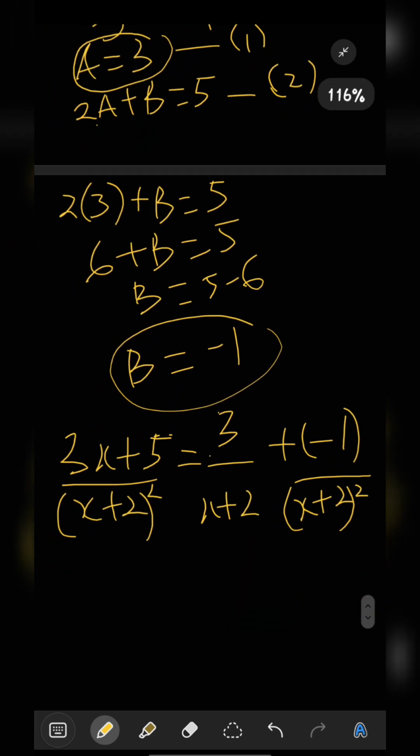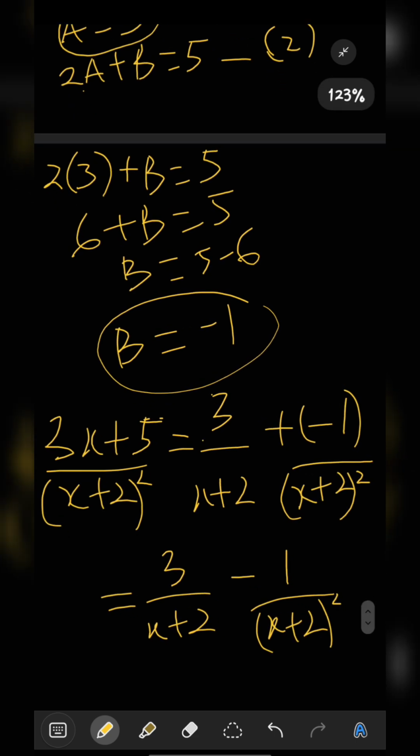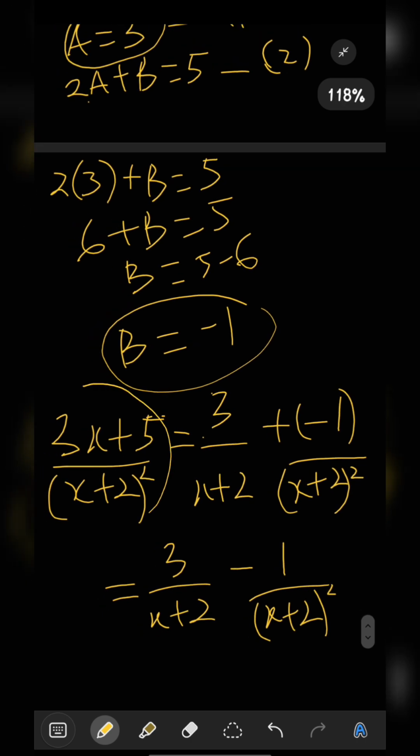So this means that 3x plus 5 over x plus 2 all squared is equal to 3 over x plus 2 minus 1 over x plus 2 all squared. So this is the partial fraction of this fraction.